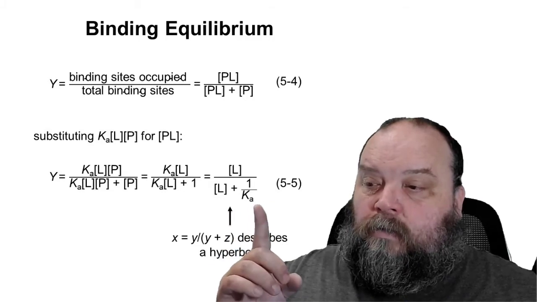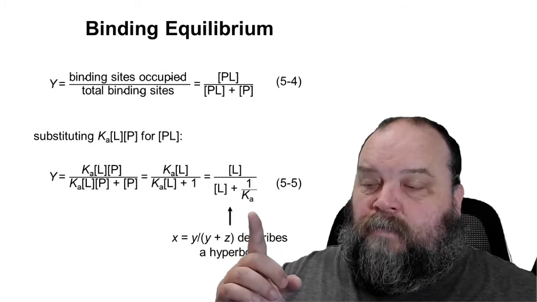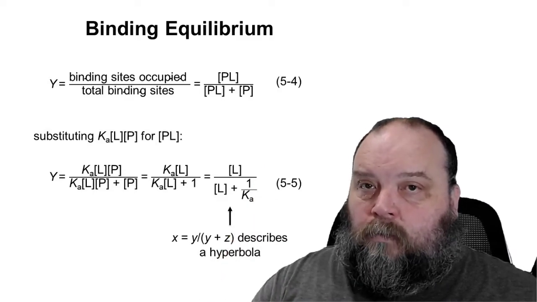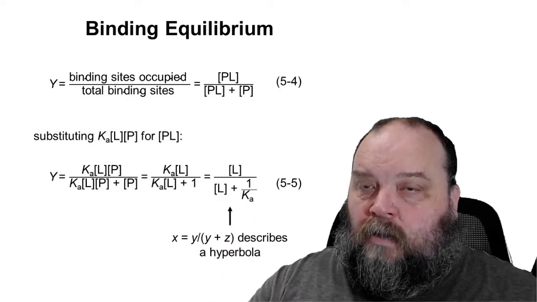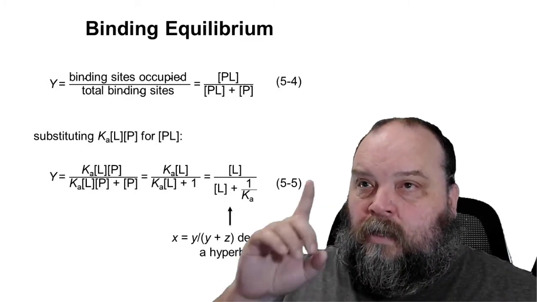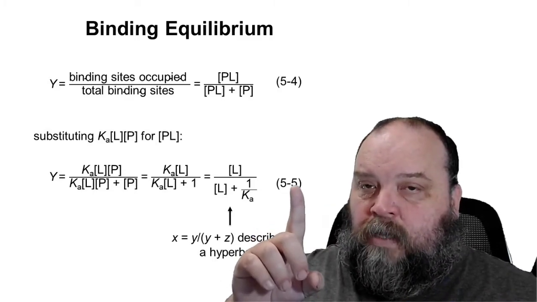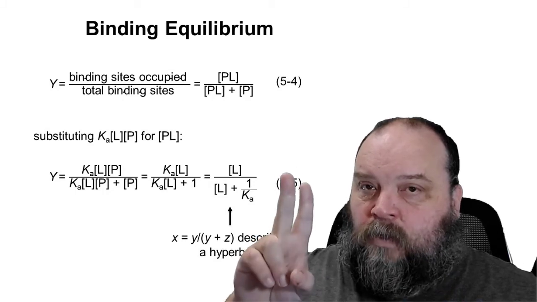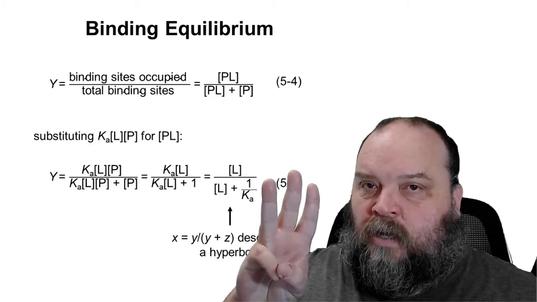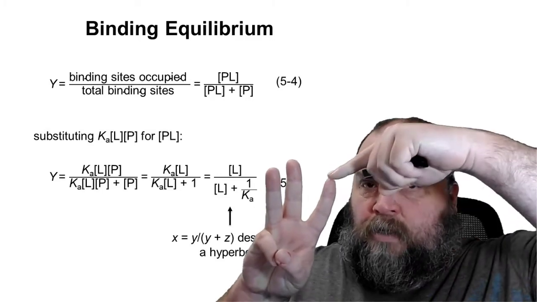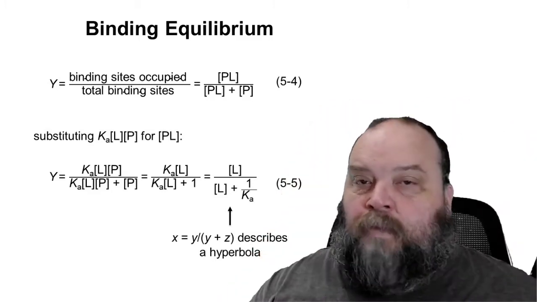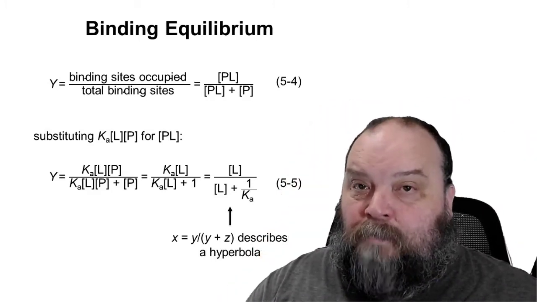But here, we're taking this a step further. PL from equation 5.4 is the concentration of protein and ligand bound to each other. So we're saying, here's the total concentration of PL times the total concentration of L times the total concentration of protein. How much of the L and P is bound to each other, and then the totals of all L and P in there.